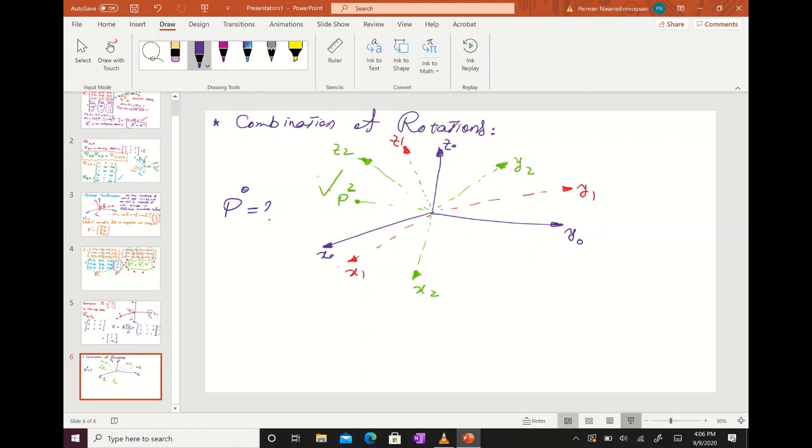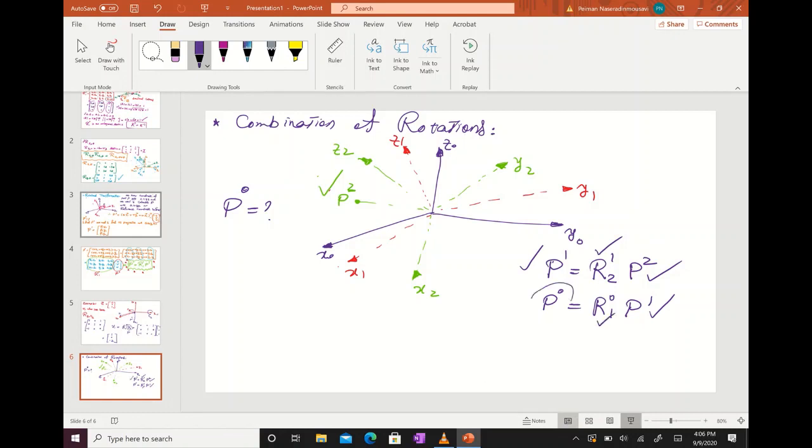But we know that P with respect to frame 1 is going to be, from whatever I taught you, R, the rotation of frame 2 with respect to frame 1, times P2, because this is known. And now P naught is going to be R1 with respect to 0 times P1, because we calculated this from here.